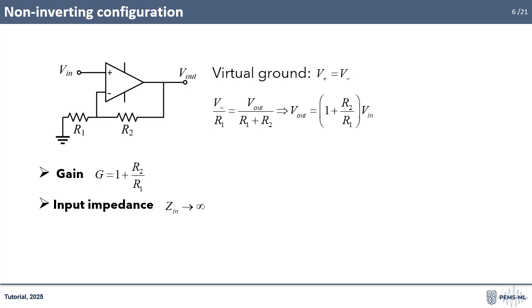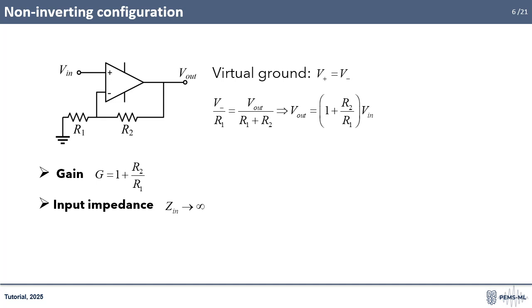When one wants to have the output voltage with a gain different than 1, some specific configuration can be adopted. The first is called non-inverting configuration. In this case, the inverting pole is connected to the ground with a resistance R1, while the feedback impedance is equal to R2.